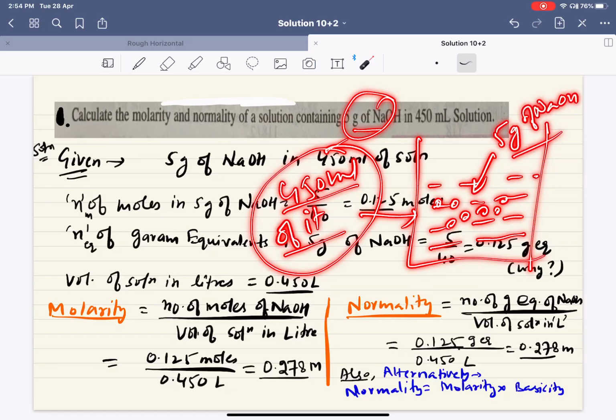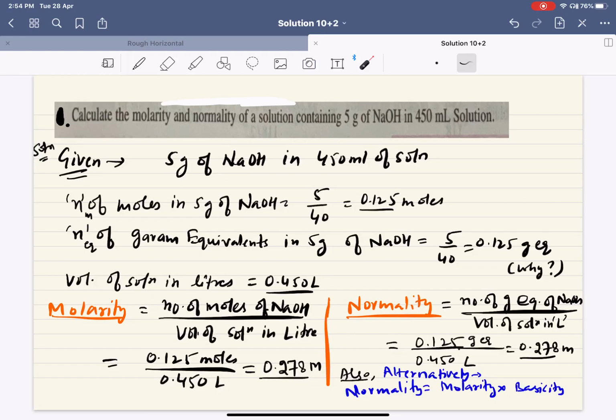You have to express the concentration of this solution in terms of molarity and normality. So given is 5 gram of NaOH in 450 ml of solution.